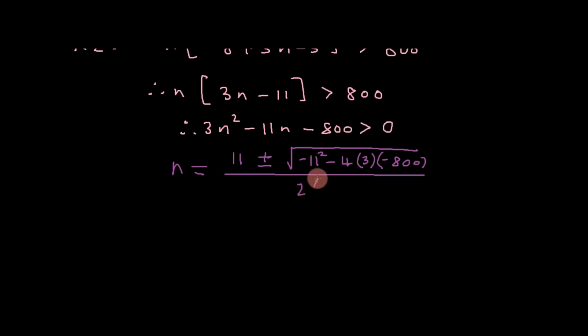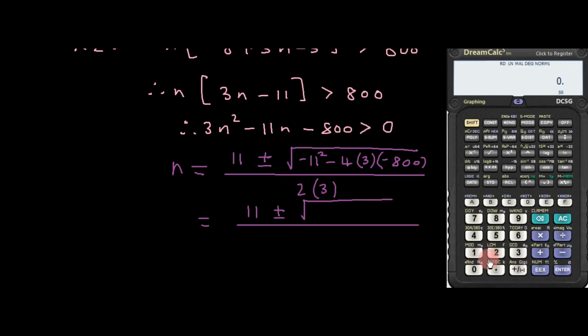This is all over 2a. We can first work under the square root. So let's do that. And it's 9721 under the square root.